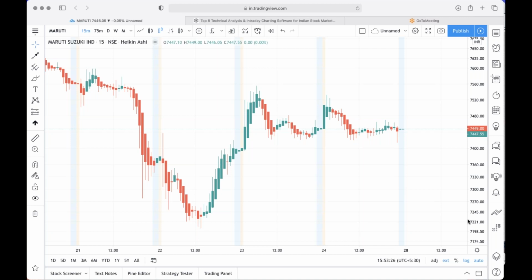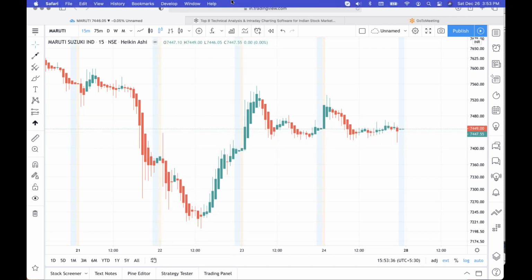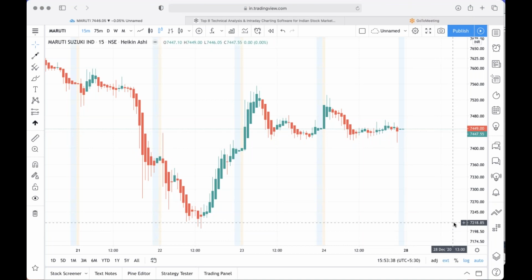If it doesn't go up and falls down, you'll feel good. Acha hua yaar, nikal gaya, because it has fallen more. But at that point in the trade, you have to exit because you decided this is my point of exit. Because every time it's not going to happen that the stop loss gets hit and it goes up. Many a times the stop loss will get hit and it will fall also.